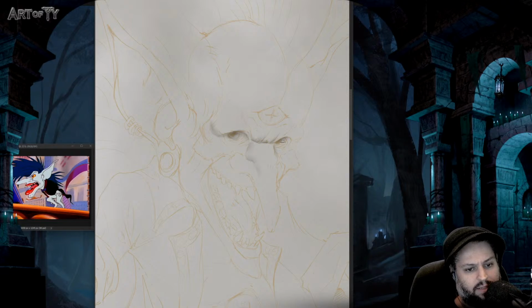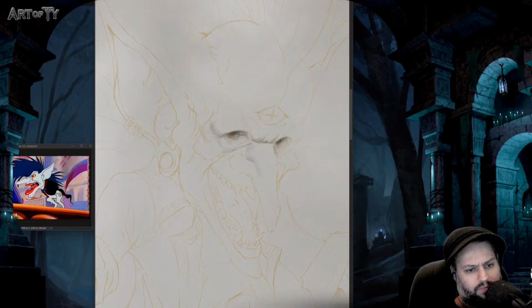Now remember, the idea with this guy's eyes is that they're missing. So these are going to be open sockets, which we'll have to determine how fleshy and what the specific treatment is of that, but that's the overall idea.